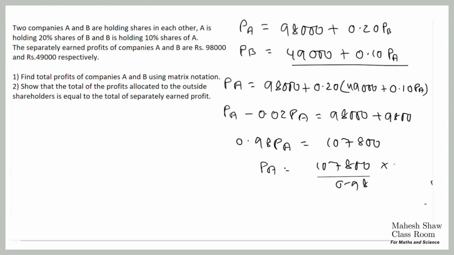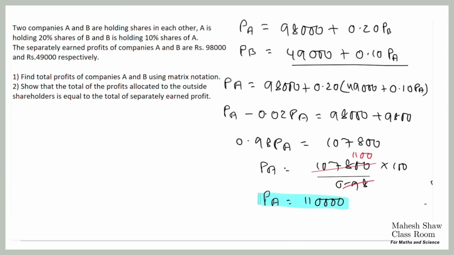I can reduce this by 11 times and further 2 more zeros. So finally the profit earned by A is 1 followed by 4 zeros.